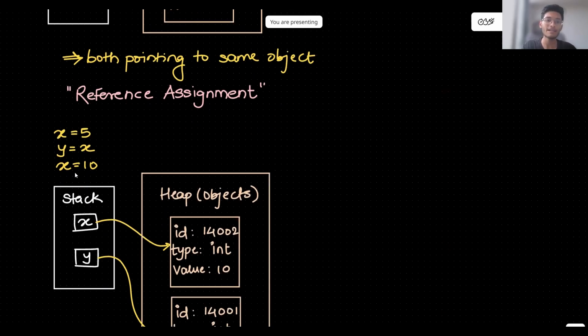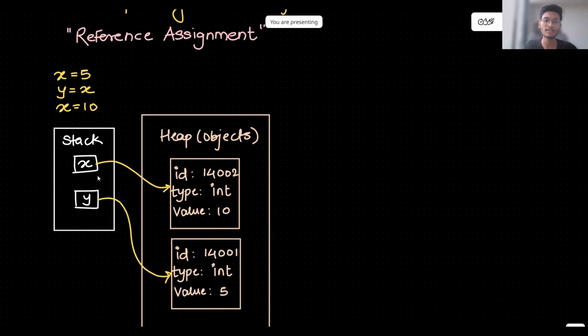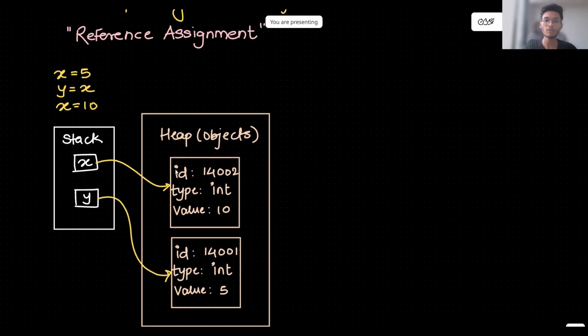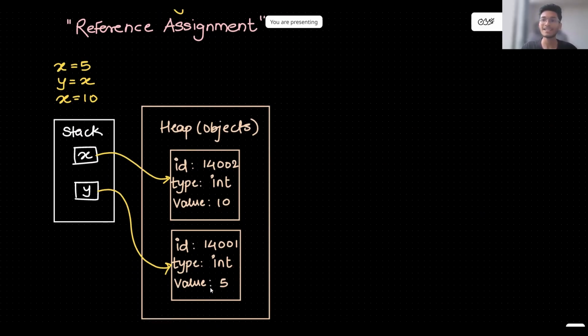Now if I reassign the variable, x equal to 10, x will point to the object with value 10 and y will still point to the object with value 5. So if I reassign the value of x, x will point to a different object and y will still be pointing to the object with value 5.